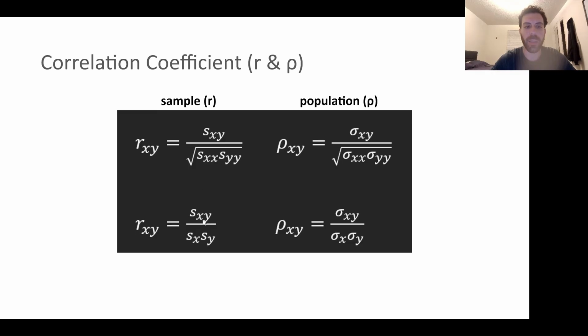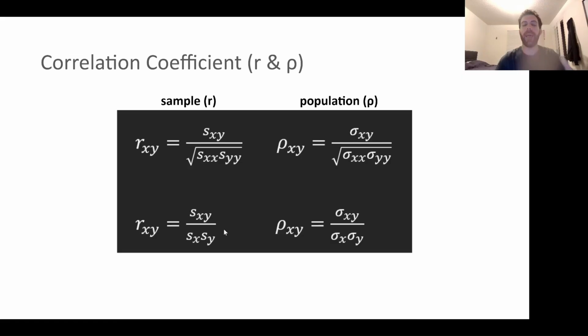So you could write this formula in this format. But I do think it's slightly easier to understand in this format because the idea, again, is to remove the units from the covariance that you calculated before. And you do that by taking the individual variances of each variable or column, or however you want to think about it, and then taking the square root.